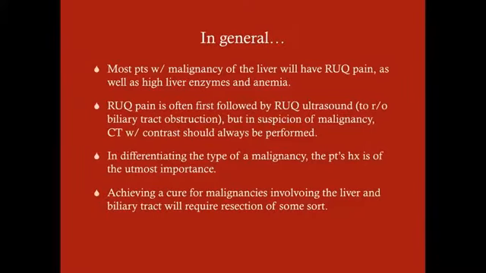So in general, some principles to think about here. Most patients with malignancy of the liver will have right upper quadrant pain, as well as high liver enzymes, AST, ALT, sometimes alkaline phosphatase, as well as anemia. And anemia is just a symptom of cancer in general. They can also have weight loss.